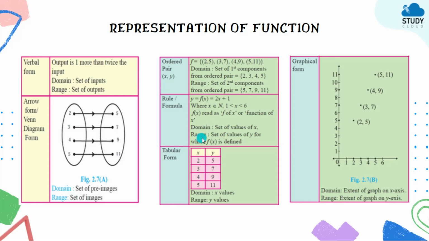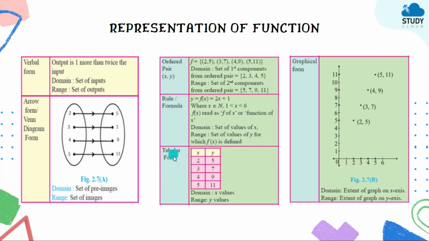Here what is the domain? Domain is the values of x and range is the set of values of y for which f(x) is defined. So values of x is the domain and values of y according to this formula is the range.